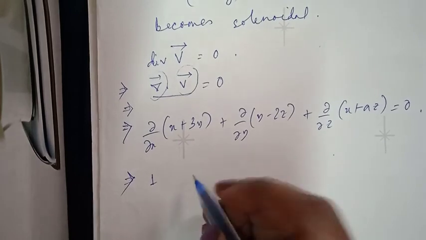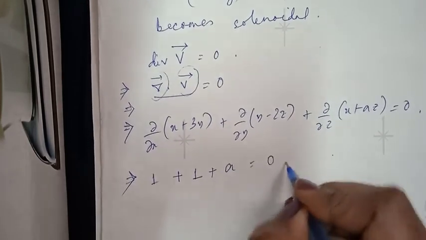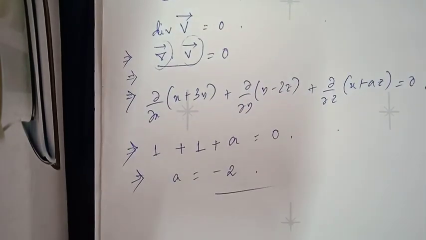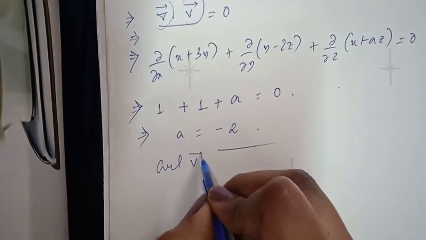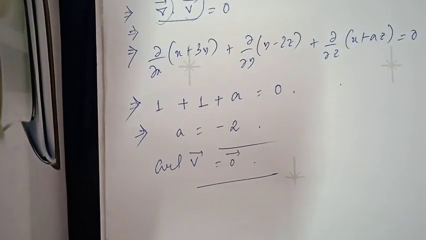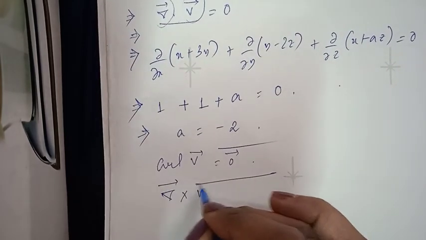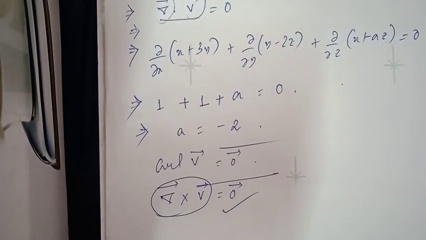This will give you 1 plus a equals to 0. So a becomes minus 1. Okay, this is the answer. Similarly, a question can come that is find the constant a when curl v equals to 0. Right? The same example you can solve it. Then you need to consider curl v means nabla cross v. So then you need to consider this function and then calculate the value of the constant. Got it?